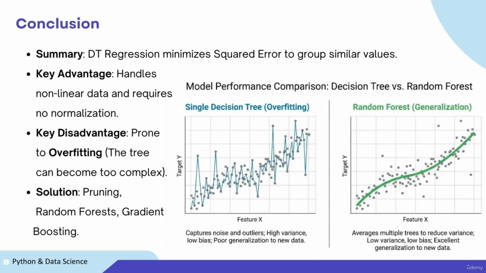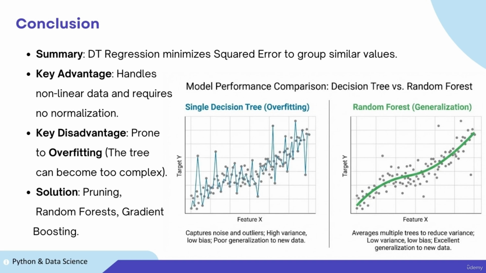To summarize, decision tree regression minimizes the squared error to group similar continuous values together. Its key advantage is that it easily handles non-linear data and requires absolutely no normalization. However, its key disadvantage is that it is highly prone to overfitting, meaning the tree can become too complex and just memorize pure noise.